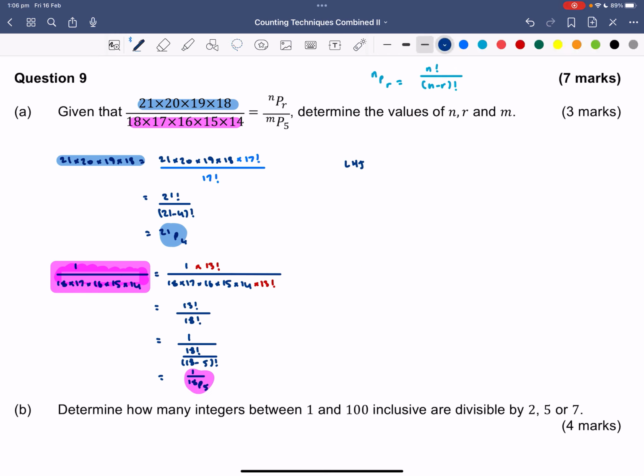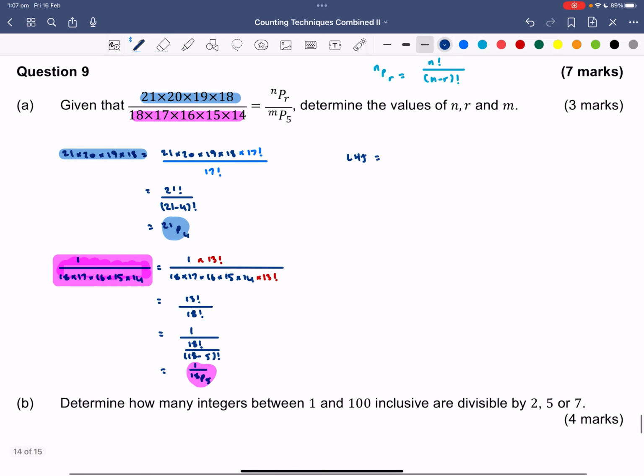So the left-hand side, which is the blue, is equal to 21P4 times, if I write baby steps, you don't have to write this in your test, 21 times 20 times 19 times 18, which is the blue, times 1 over 18 times 17 times 16 times 15 times 14, which is the pink.